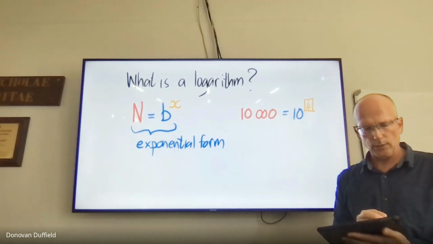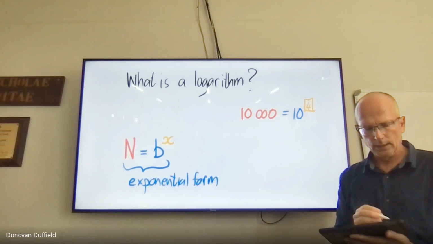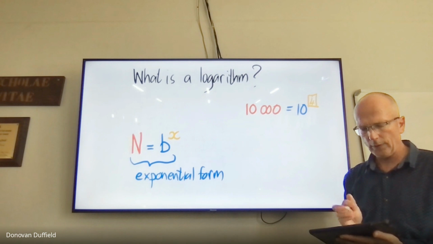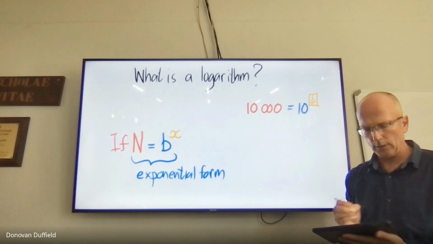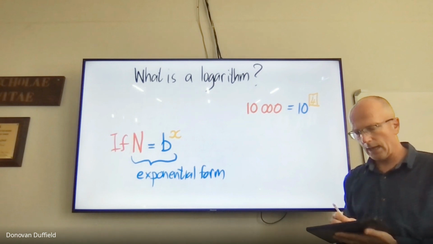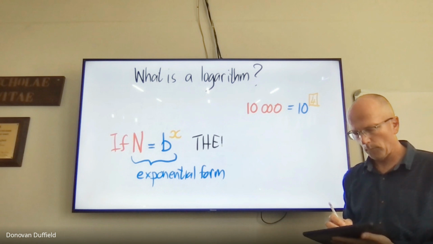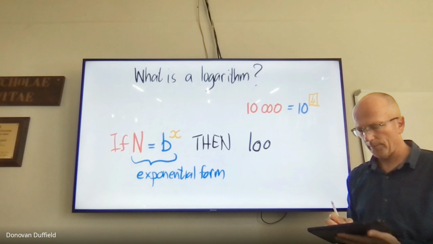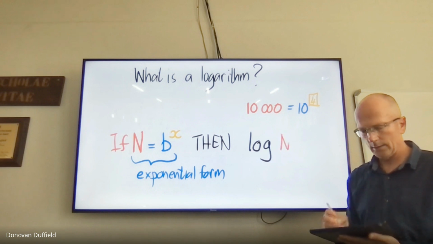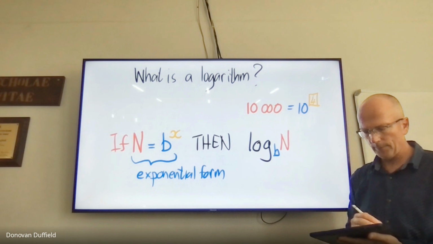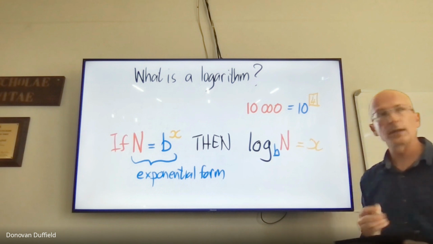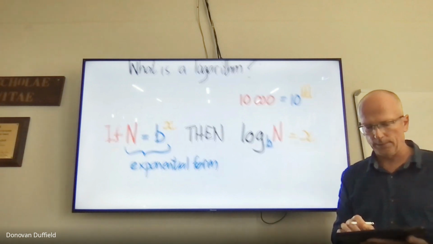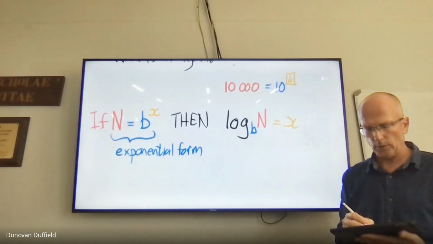All right, so now if I take this and I say the following, if n equals b to the x, then here it goes. The logarithm of n to the base b equals x. I'm going to write out how you say it. Language is very important, okay? The way you say it is the following.